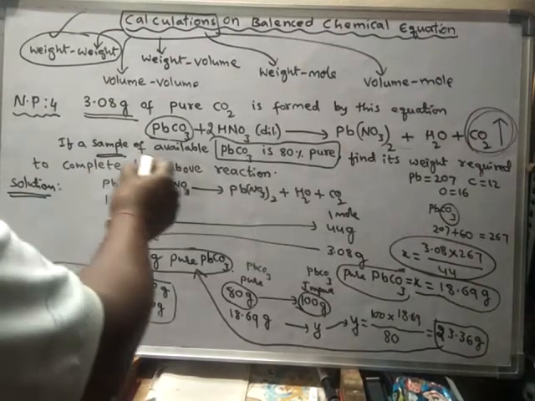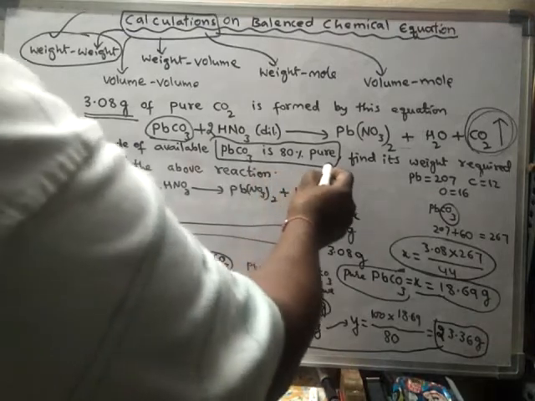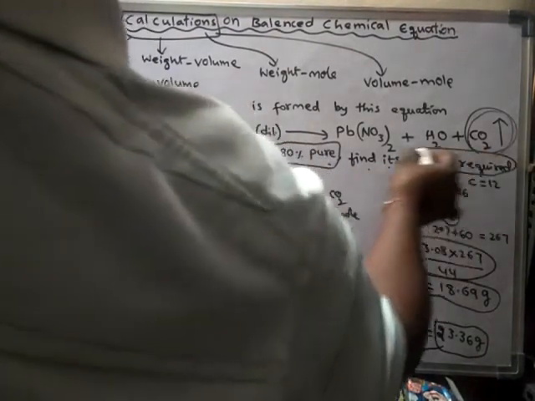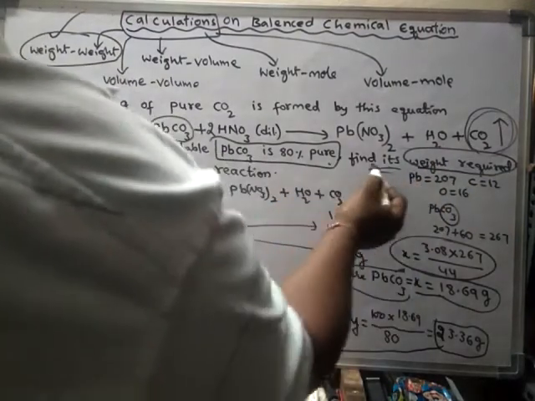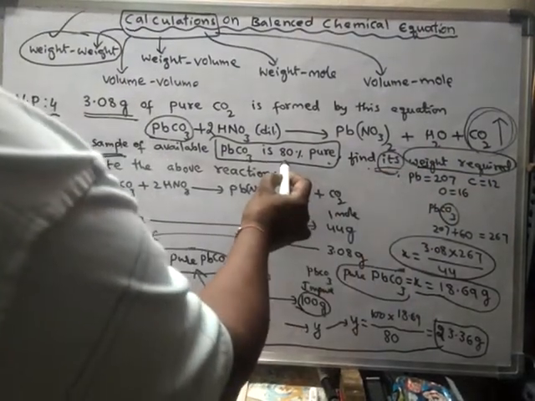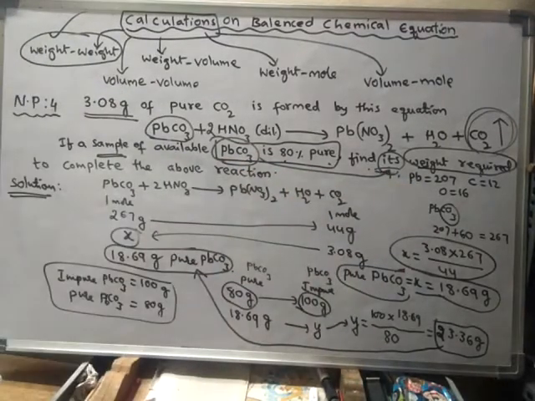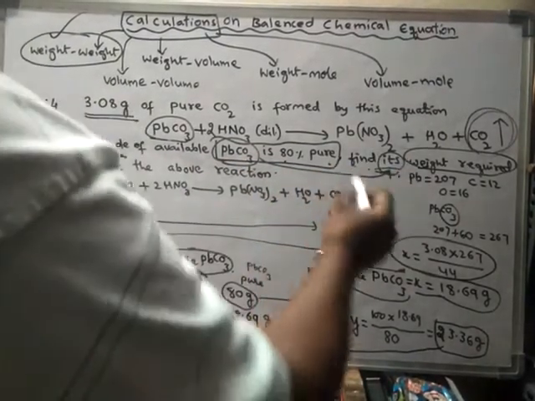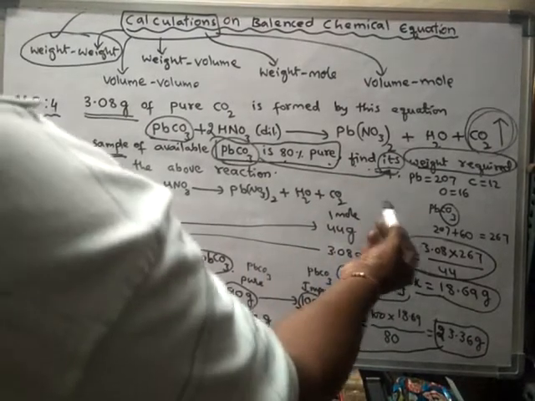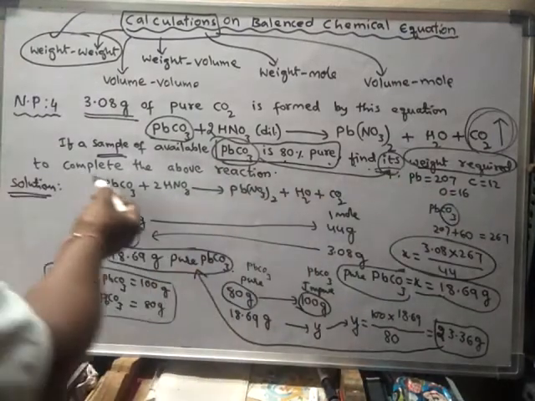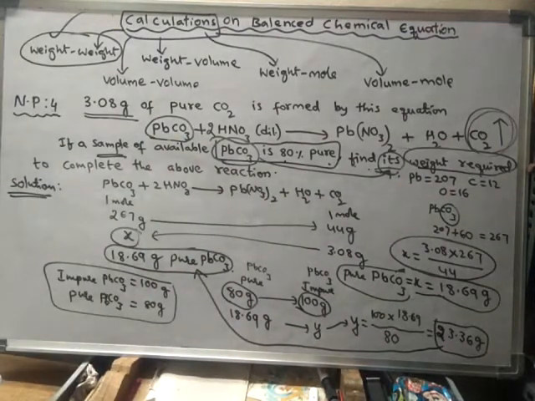So if a sample of available lead carbonate is 80% purity, then find its weight required. Its weight required means about impure lead carbonate only, the question is. Find the weight of impure carbonate required to complete the above reaction.